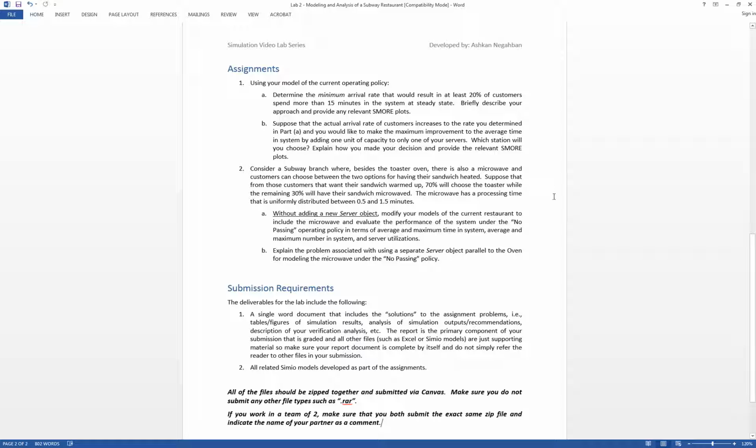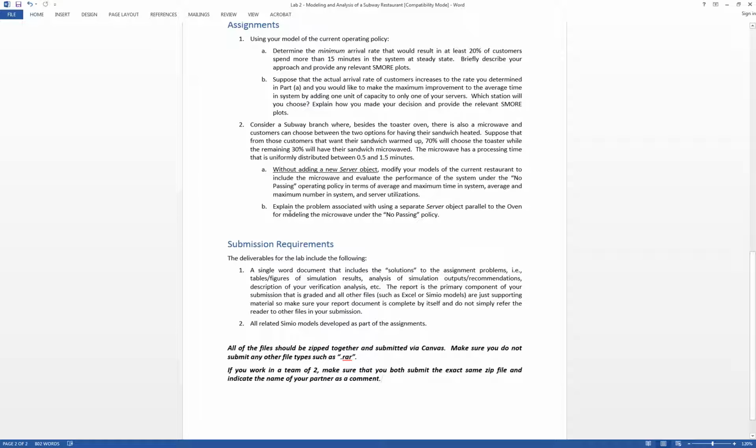So you're asked to modify the model of the current policy without adding a new server object to account for this new option, which is a microwave. You're also asked to evaluate the performance of the system under the current policy, which is a no passing policy, in terms of average and maximum time in system, average and maximum number in system, and also the server utilizations.